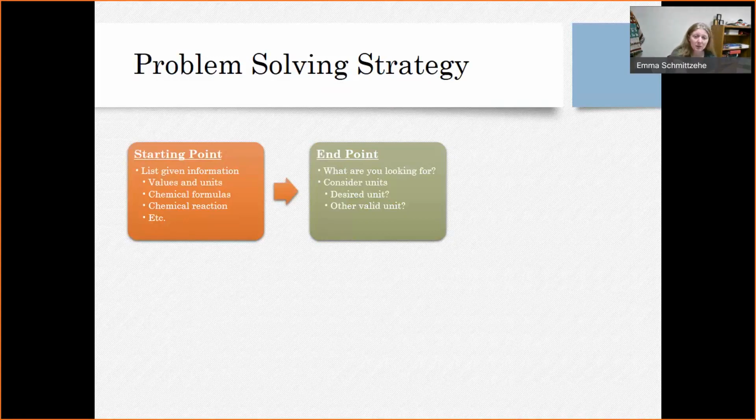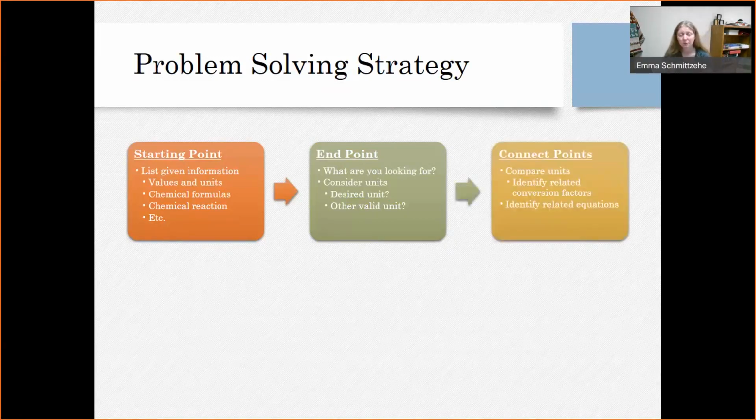Once you have those things written down, you need to think about how you are going to connect those. Look at that information and think about, is there enough there already? Is there a definite connection between those? Or does it seem like I'm missing steps? Am I missing some information? And if so, you need to think about, can I look that up?